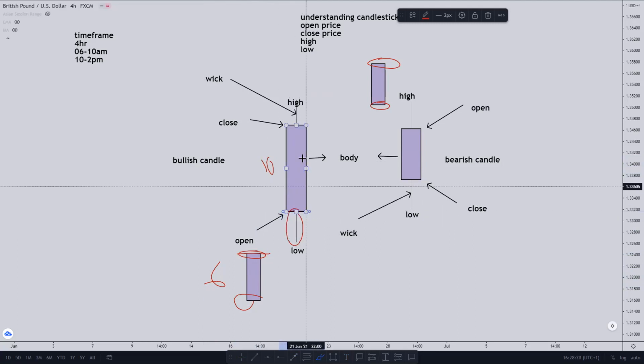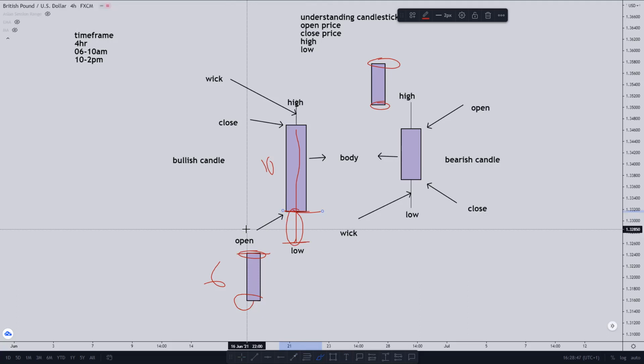During that 4-hour duration, price came down to these areas, which are the lows of that candlestick. And then price pushed back up and then continued. Where price opens, that's where the body of that candlestick is going to start, which is this area.